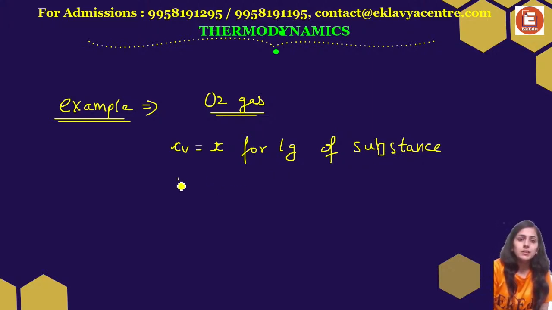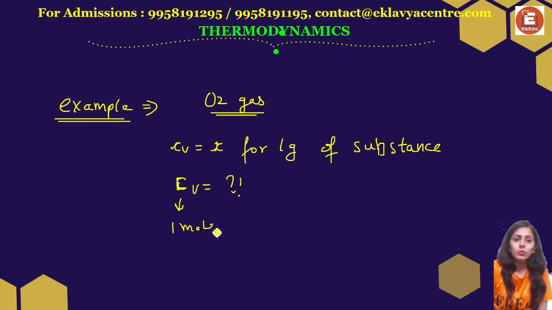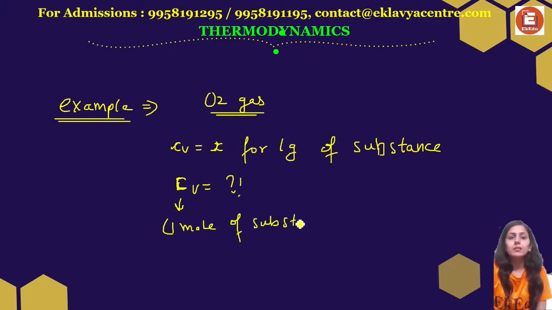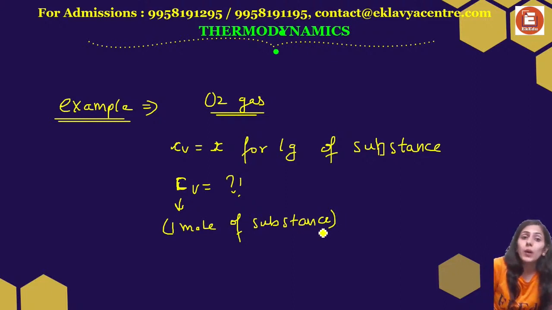Now you have to calculate the value of capital Cv, which is the heat required to raise the temperature of 1 mole of substance. So you have to tell the relation between capital Cv and small cv. Small cv is the heat required to raise the temperature of 1 gram of substance by 1 degree Celsius, whereas capital Cv is for 1 mole.